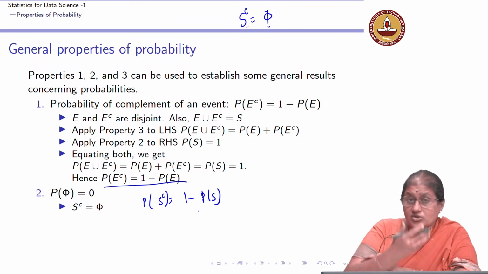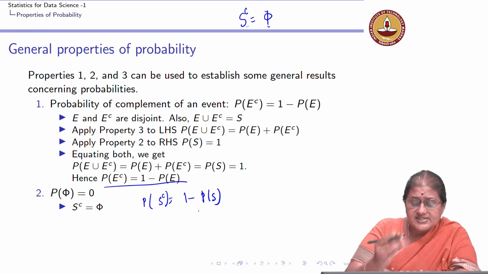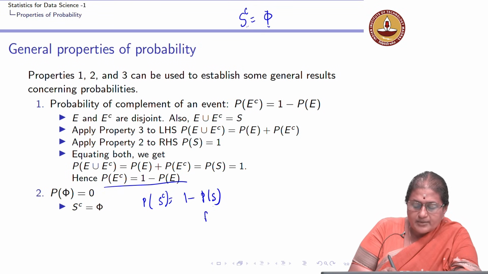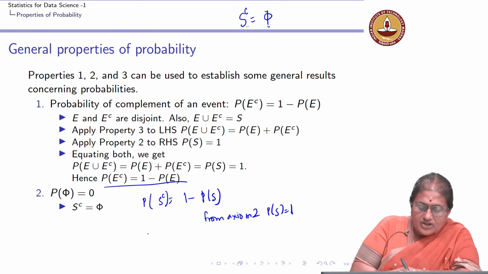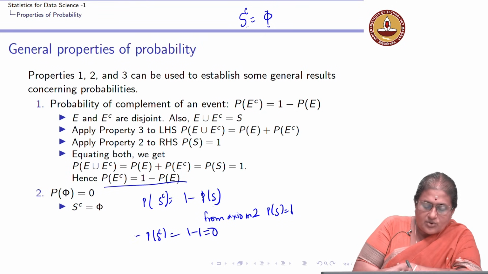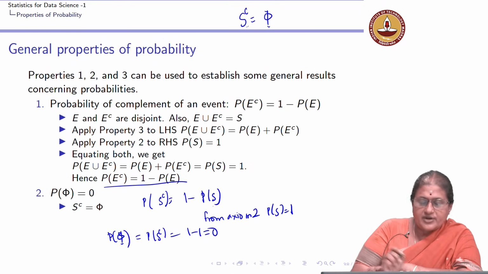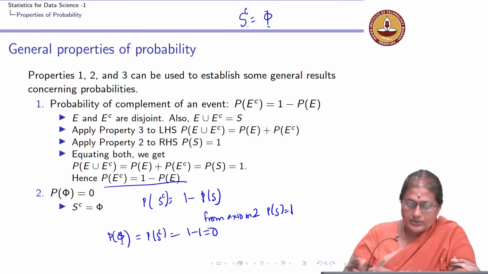Sample space is also an event, it is a set. From axiom 2, I know probability of my sample space is 1, which gives me probability of S complement is 1 minus 1, which is 0, but I recognize S complement is my null set, hence probability of my null set is 0.